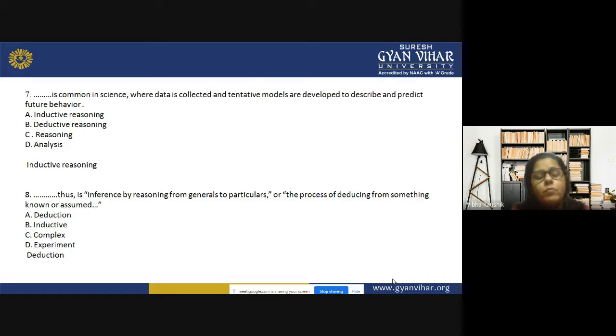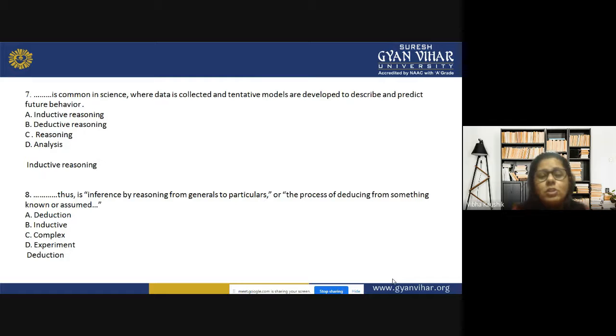Now, what will be the correct answer? Students, these are the choices in front of you, A, B, C, D. Now you have to select the correct one on the basis of the given choices. The correct answer will be option A, that is deduction.